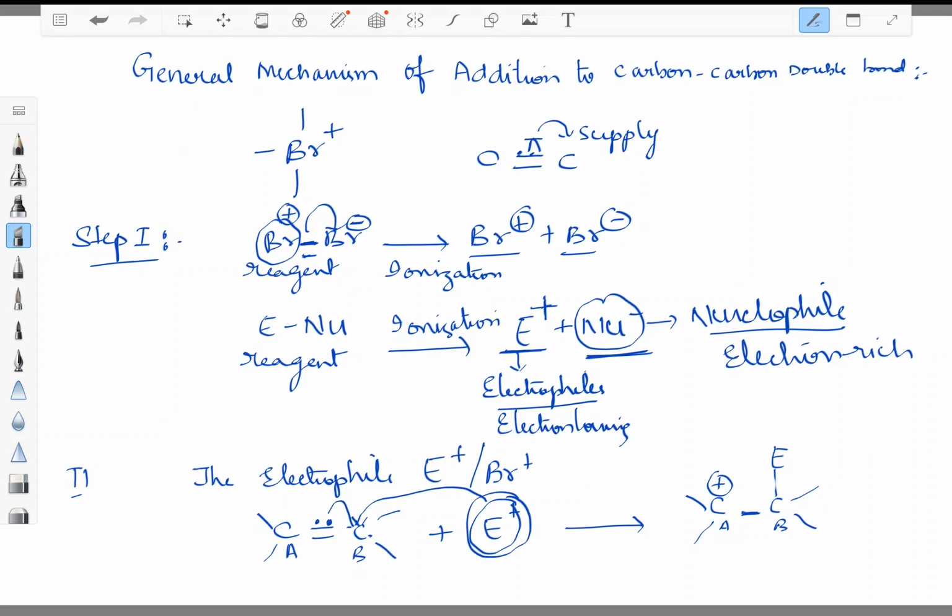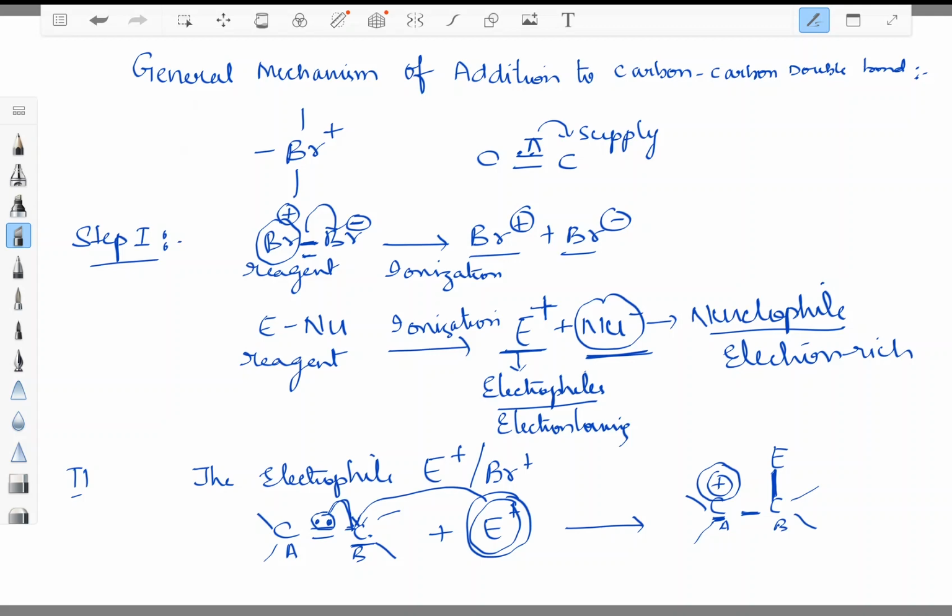If it is going to this carbon, it requires a bond to form to this carbon, and what happens here is this pi electrons are shifted to this carbon, and this results in the formation of this bond. And because this particular carbon is losing the pi electrons, it is getting this positive charge.